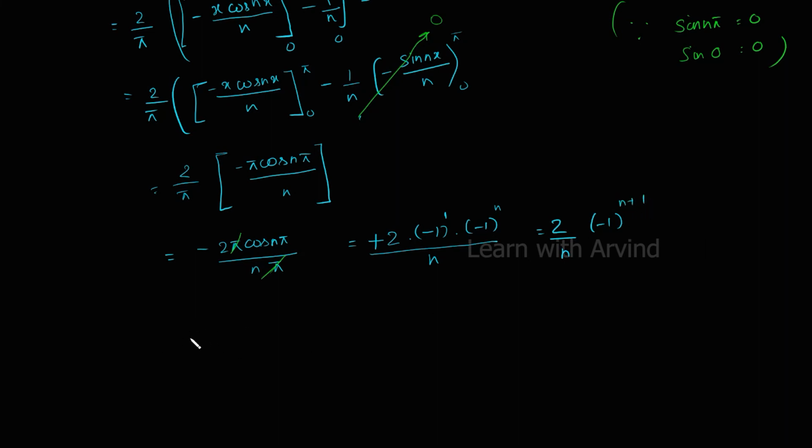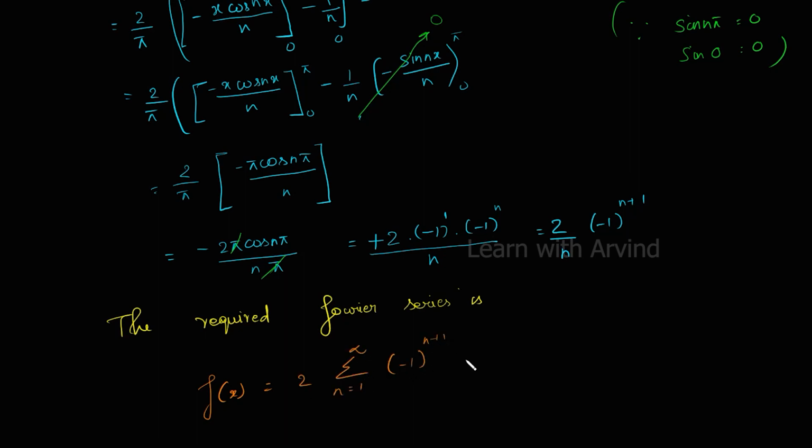So the respective Fourier series is given by f of x is equal to 2 into summation n is equal to 1 to infinity minus 1 power n plus 1 sin nx divided by n.